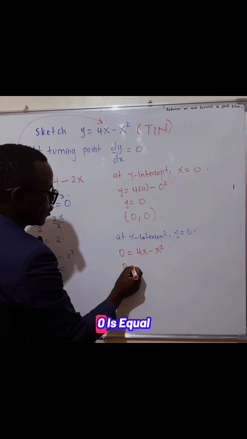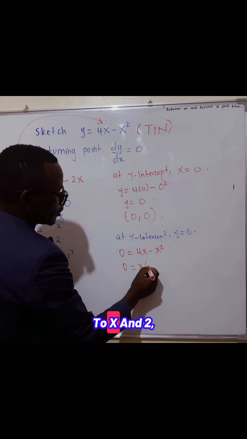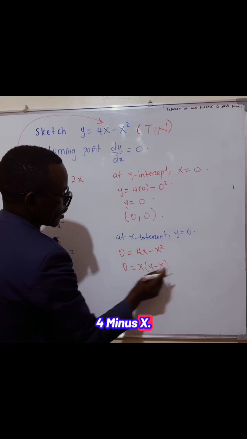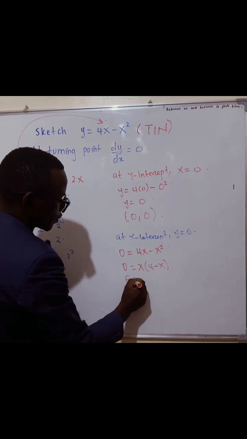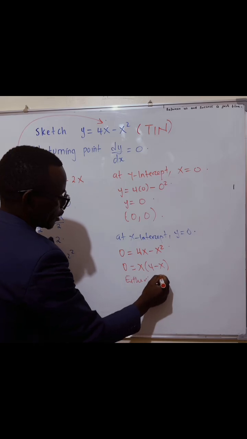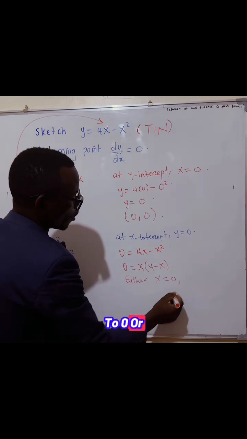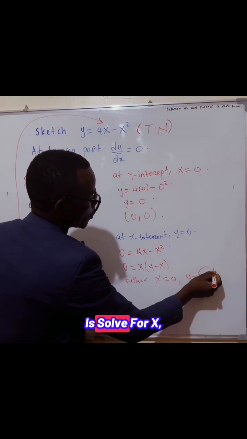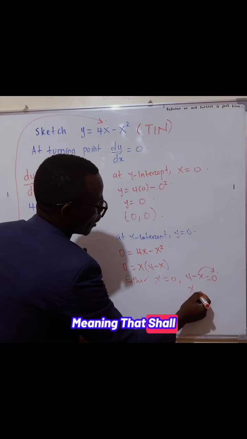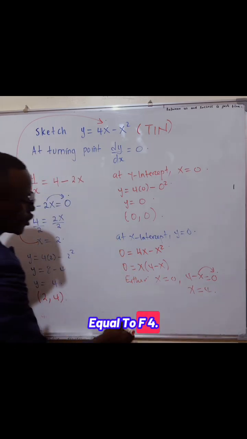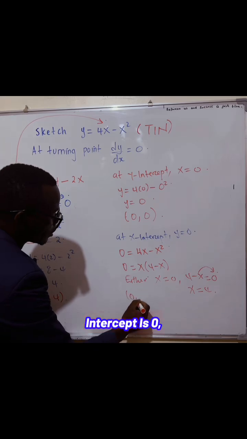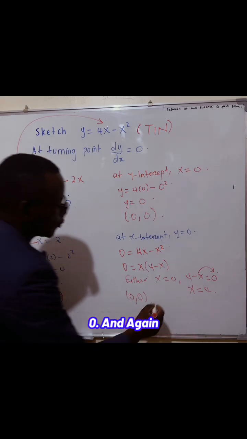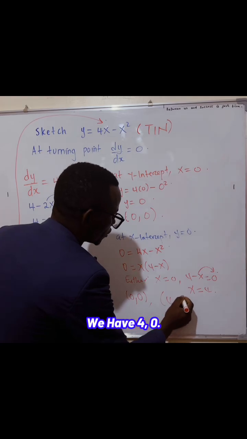So I'll say 0 is equal to x into (4 minus x). Either x is equal to 0 or 4 minus x is equal to also what? 0. So we solve for x, meaning that we shall have x is equal to 4. So the first intercept is (0, 0), and again we have (4, 0).